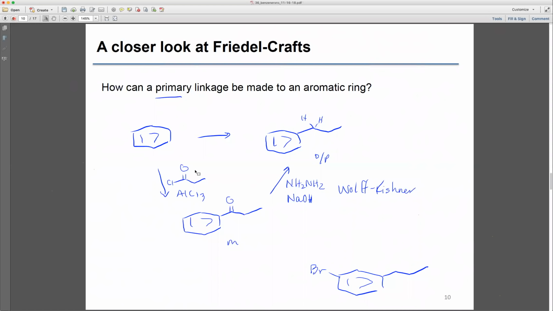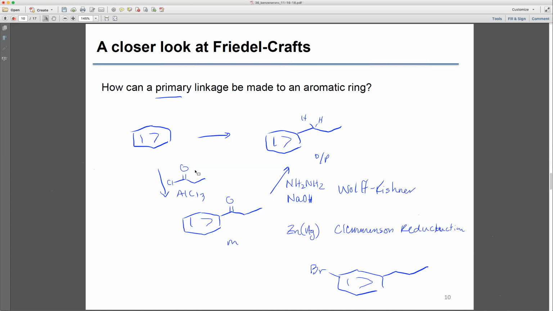So anyway, are there questions about how to use the Wolff-Kishner at all? There are alternatives to the Wolff-Kishner. So these are basic conditions. And we don't get into this, so I'm just giving you some backstory, but these are basic conditions, obviously, with NaOH there. There is the Clemmensen reduction, which is done under acidic conditions with zinc mercury amalgam.